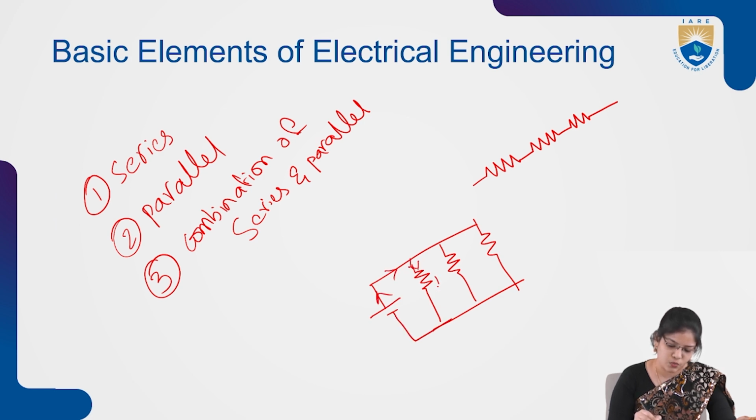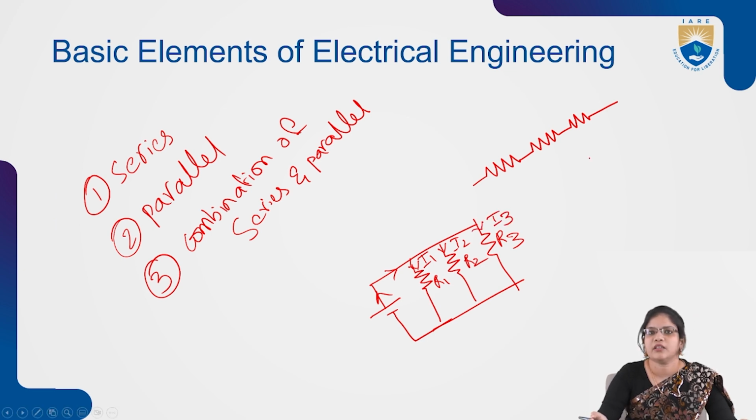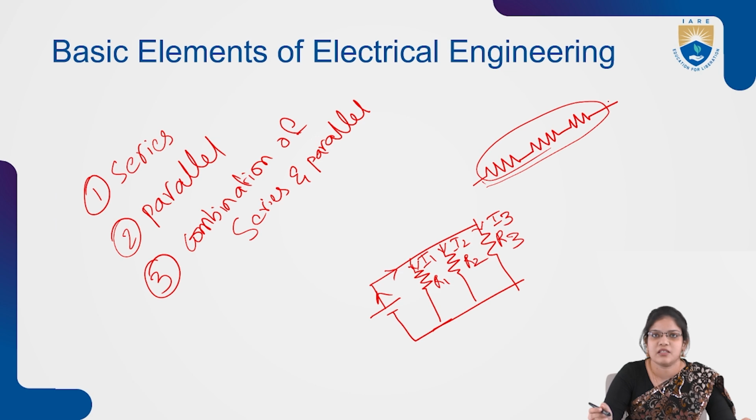This is resistor R1, in which the current flowing is I1. Here will be I2 and the resistance is R2. Here is R3 and the current flowing is I3. If n resistors are connected, then the currents flowing across them will be denoted with In. So if the current is dividing, it is in parallel. If the current is the same across all the resistances, it is in series.